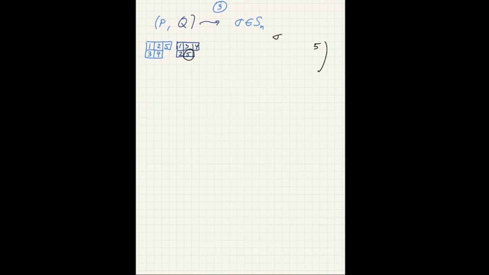And now the corresponding position in the first tableau is 4. This is the last position that was filled in P, and how did that happen? Where did that come from? Well, 4 must have come in the previous tableau and must have bumped something from the first row and ended up on the second row.